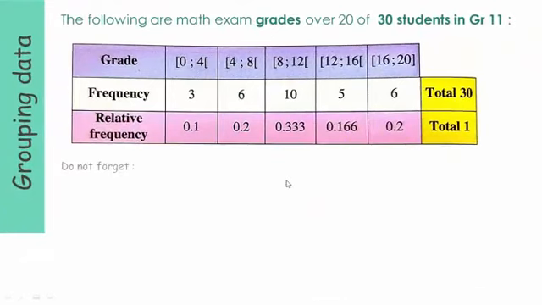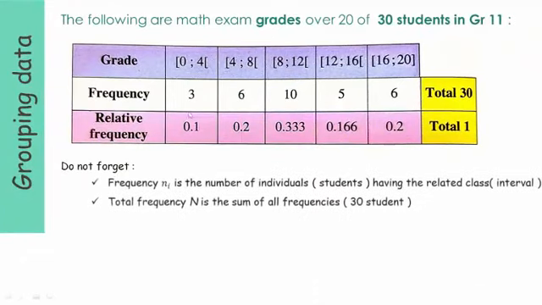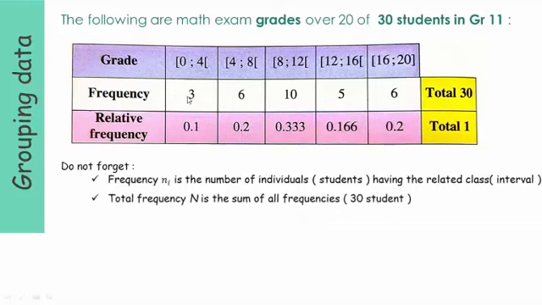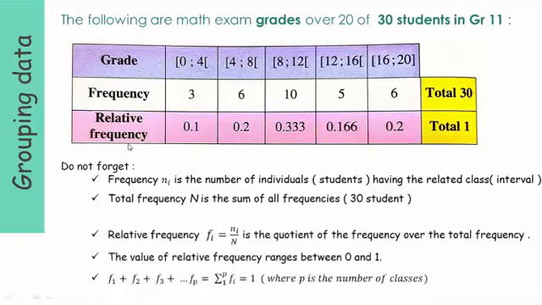Now, let us remember, the frequency is the number of individuals, which are students, having the classes related. These are the frequencies. The total number of frequencies is the total number of students in the class. Also, don't forget that the relative frequency is each frequency divided by the total.